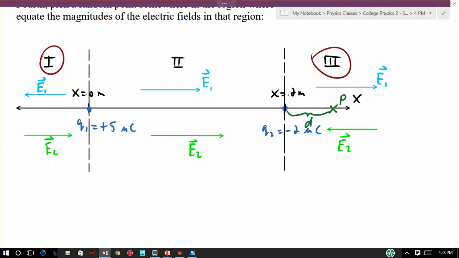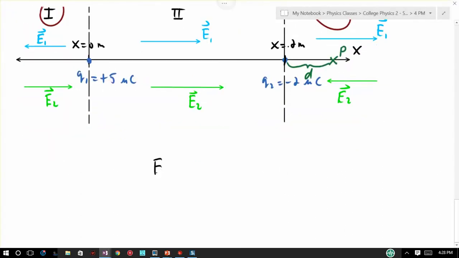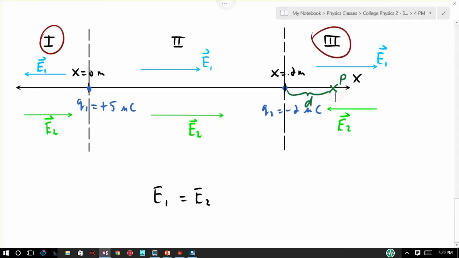Okay, so once again, if the field's 0, that means that the amount of E1 is equal to the amount of E2, correct? Because if they're in opposite direction, they can't swap. So now what we got to do is figure out what is E2 here and what is E1. Let's look at E2 first. All right. So what is the equation for electric field again? So it's K times the charge, absolute value of the charge.